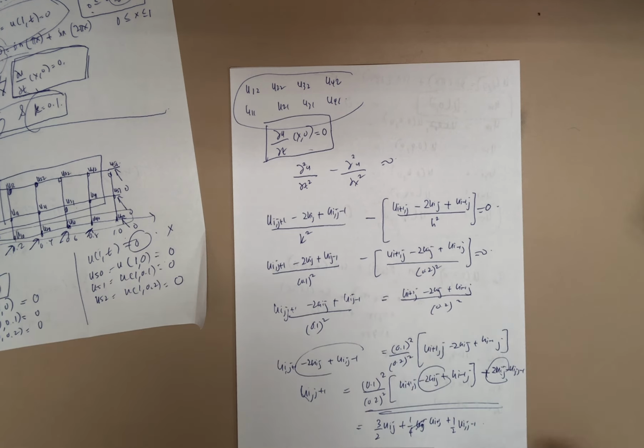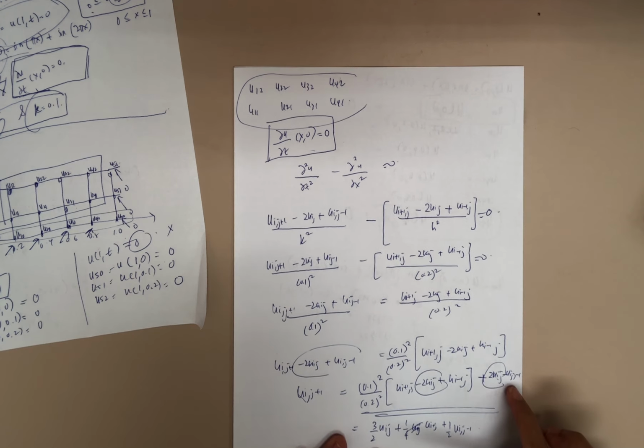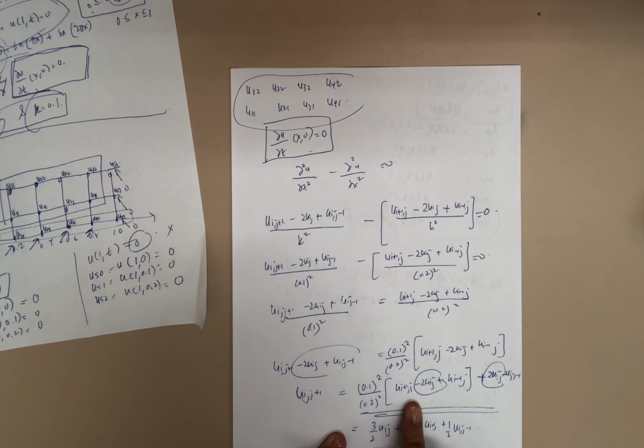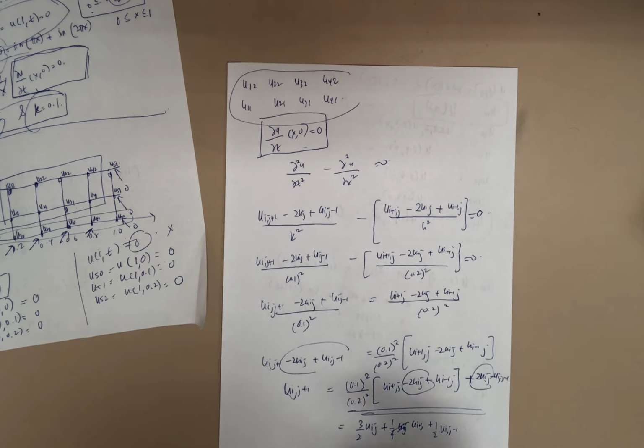Class, make sure you open the bracket before you summarize it. So this 0.1 power 2 over 0.2 power 2 will be multiplied with u_{i+1,j}, and then multiplied with 2u_{i,j} and so on, and then you rearrange back, and you will get the answer here. So this is your equation.